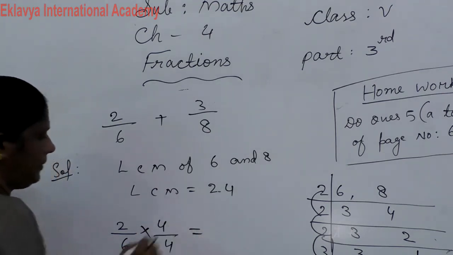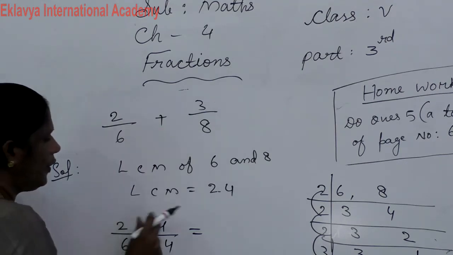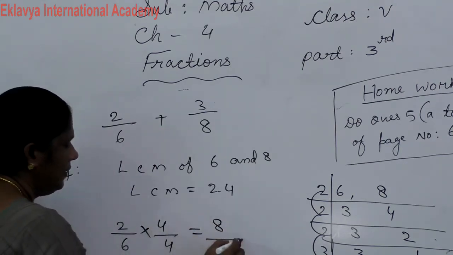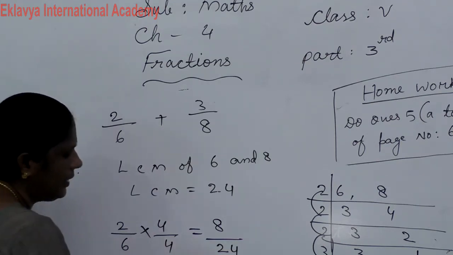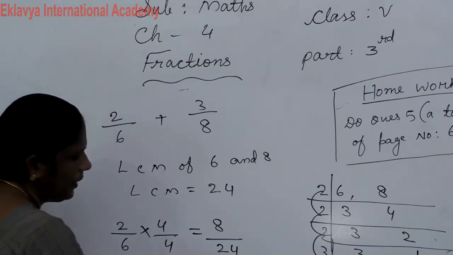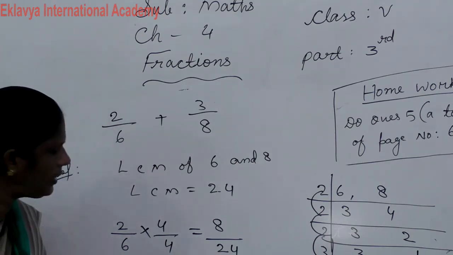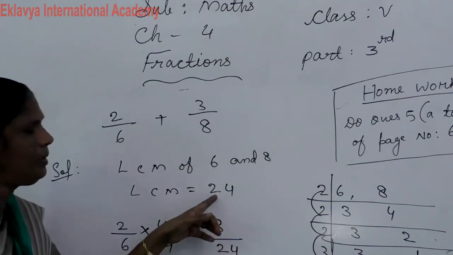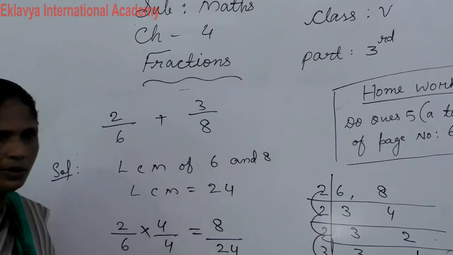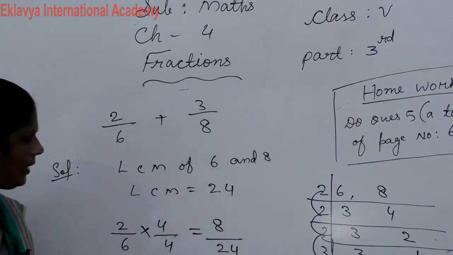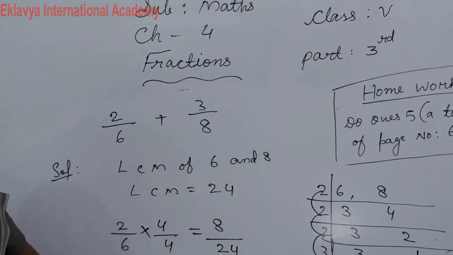Then multiply. 2 fours are 8, 6 fours are 24. Here 3 threes are 9, 8 threes are 24. Your denominator is same as the LCM. Here the denominators are equal.